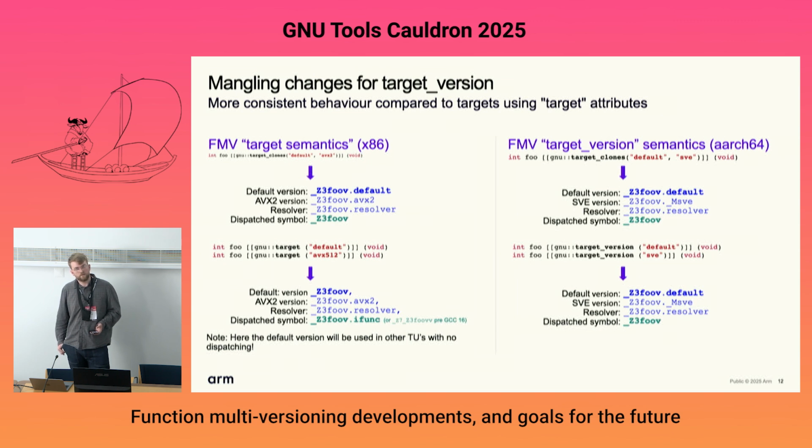So if you were in a target version for AVX 512, and you call another versioned symbol, you want to go directly to the AVX 512 version as opposed to going back. So that's the static inlining optimization I talked about. They had a broken inlining optimization that I removed and made one that works. That's the only thing I could think of.